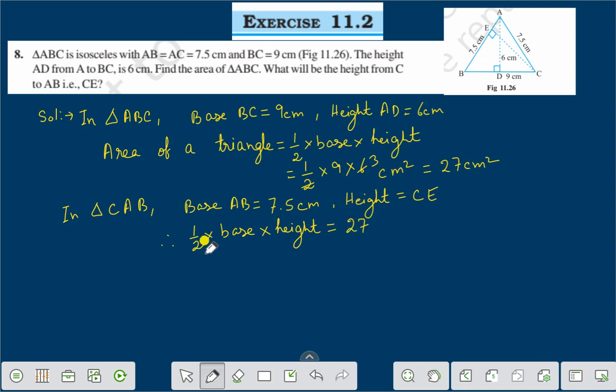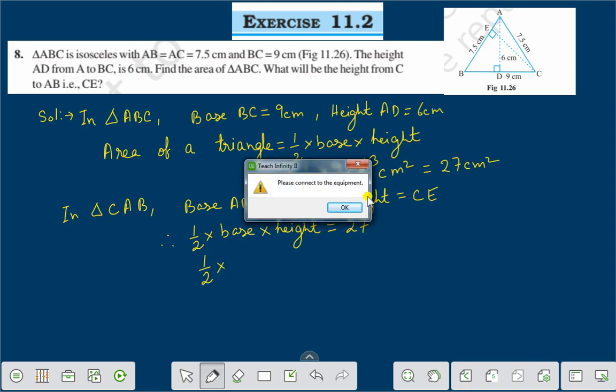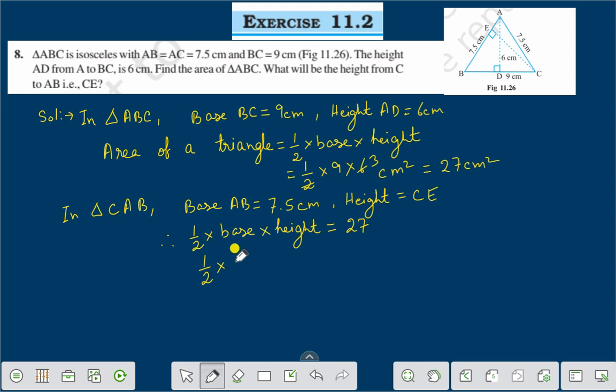Right? Now half, what is the base? Base is AB, and that is 7.5, into height. And what is height? Height is CE. Half into 7.5 into CE is equal to 27.